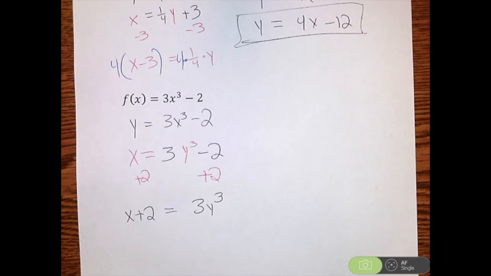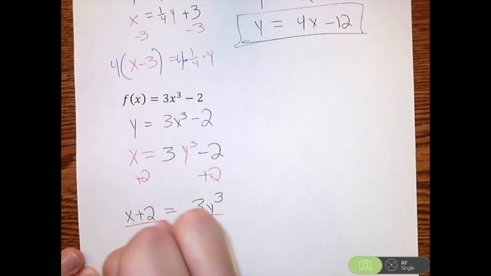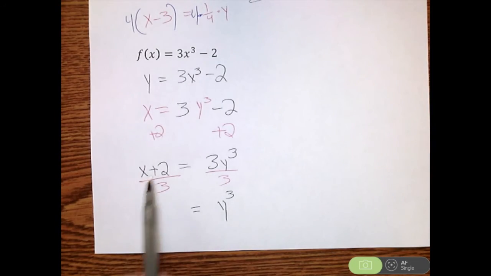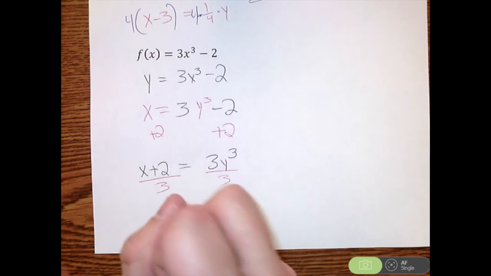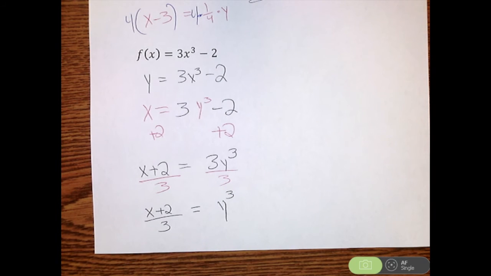If I keep going to work on getting rid of everything around this y, the next thing to get rid of is this 3 out front. That's 3 times y to the 3rd power, so the opposite of multiplying by 3 is to divide everything by 3. So over here I get y cubed. On the left side, it doesn't work out that pretty, because x divided by 3 isn't anything helpful and 2 divided by 3 isn't either. So I'm going to leave it as x plus 2 divided by 3, since it doesn't simplify into anything good.